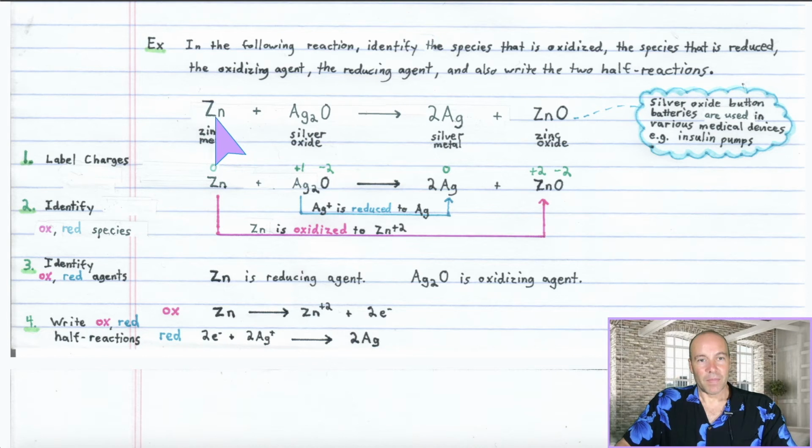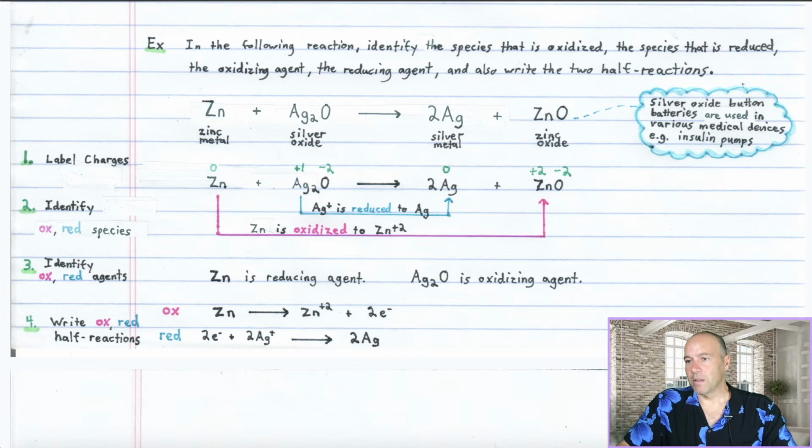Now, in this reaction, we can figure out who's oxidized and who's reduced by first labeling all the charges. In the neutral zinc metal, its charge is simply 0. And then in the ionic compound, silver oxide, the silver is in the form of +1 ions, and the oxygen is in the form of -2 anions.